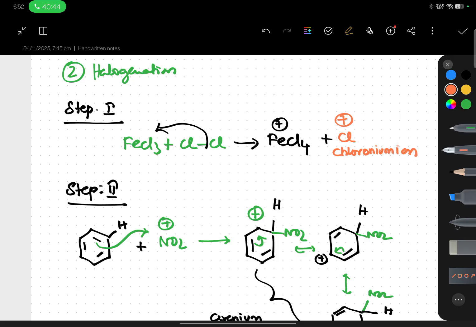Chloronium ion. Same thing, nothing is going to change. Everything is going to be the same. Only in place of the nitro group, the chloro group will be there. Check.